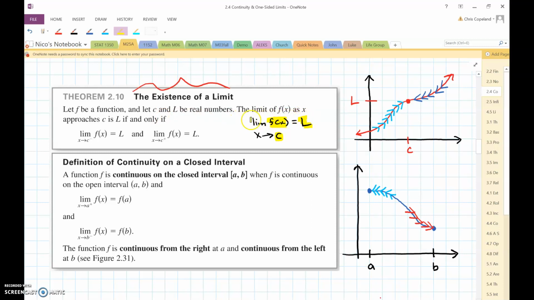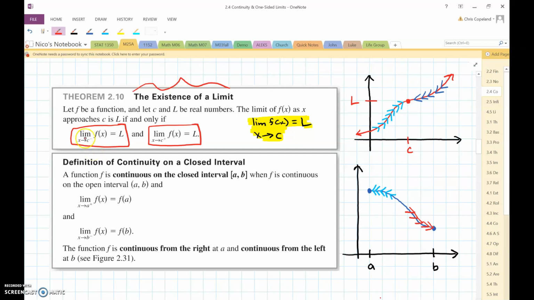this right here is true if and only if you have the existence of this limit and this limit. And these are both one-sided limits.